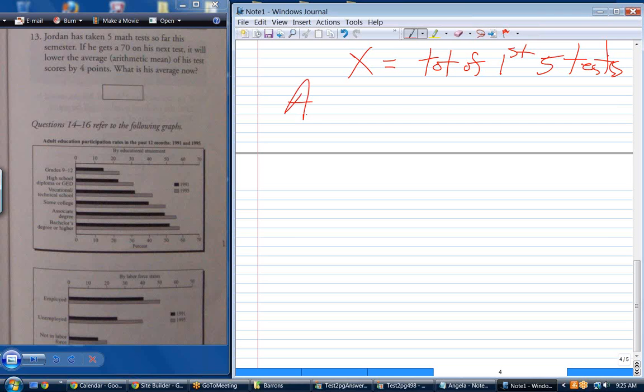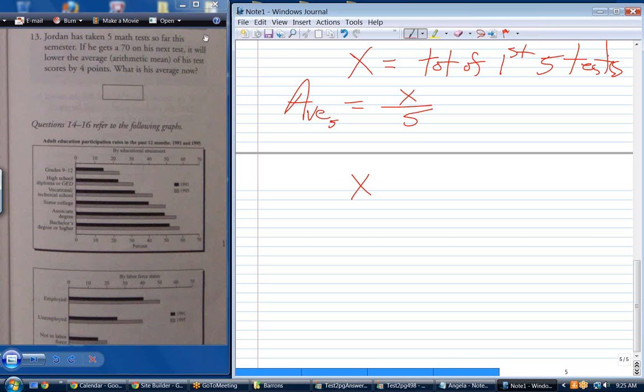His average is x divided by 5. After his 6th test, what's his total going to be? It's going to be x plus 70. Because x was the total of the first 5 tests.